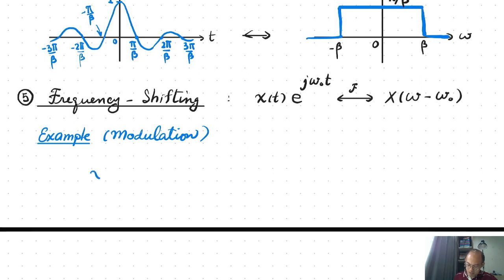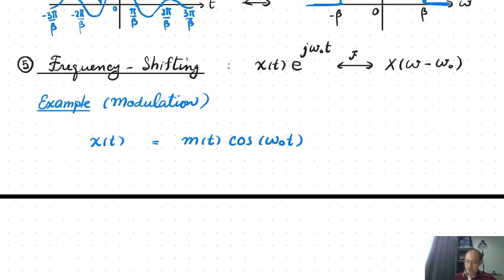We have x of t equal to some signal m of t multiplied by cosine of some frequency omega 0 t. This is called modulation.